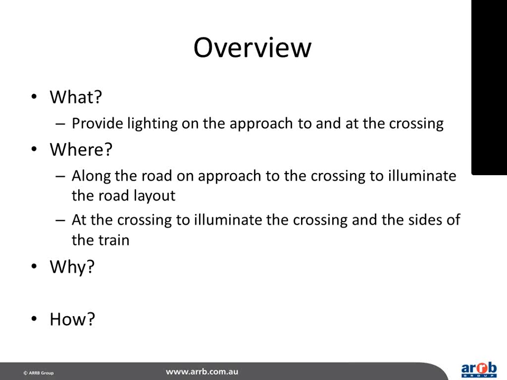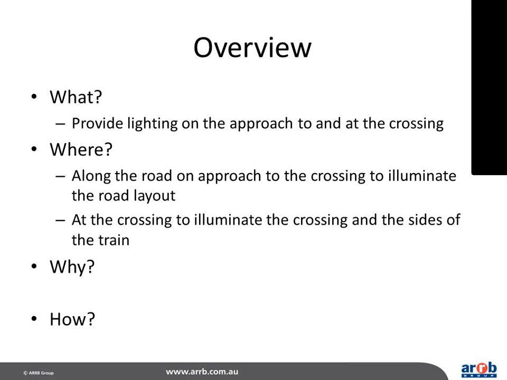And then once you get to the crossing, you also have lighting at the crossing, and the aim of the lighting at the crossing is to illuminate the crossing itself, to allow drivers to identify where the crossing is, and secondly, to observe the presence of a train traveling across the crossing.